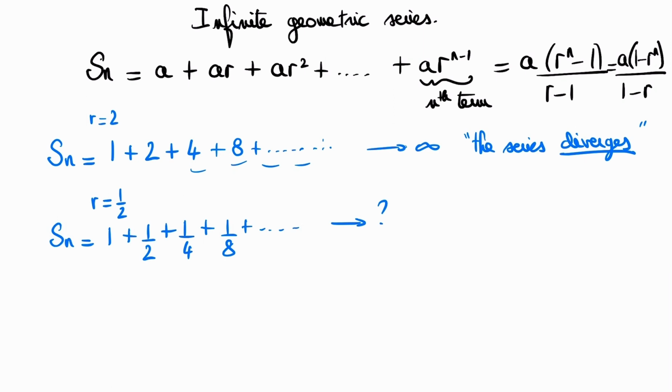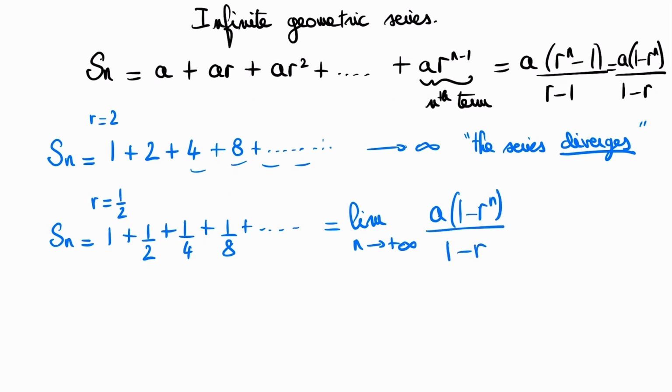What we can say is that this is the limit, when n tends towards plus infinity, of the sum above, which is A times (1 minus R to the power of n) over (1 minus R).